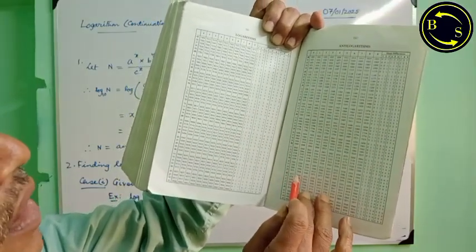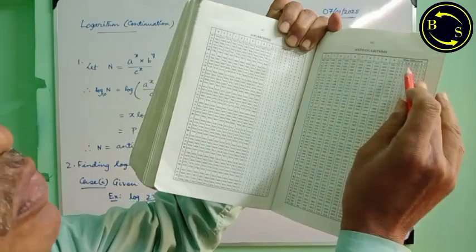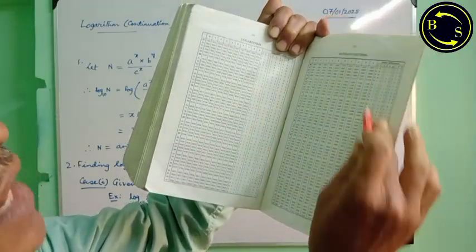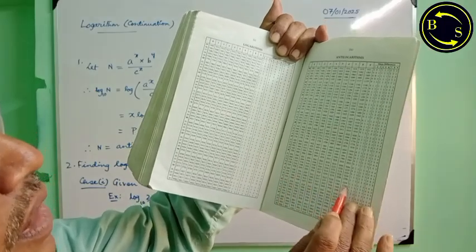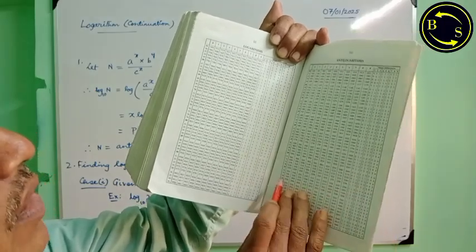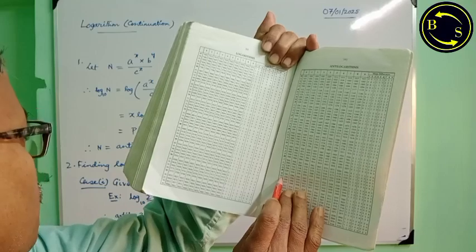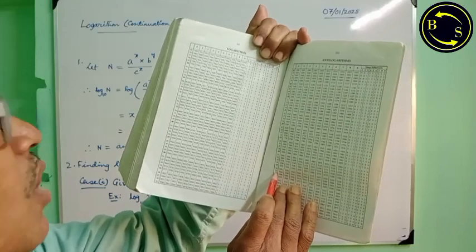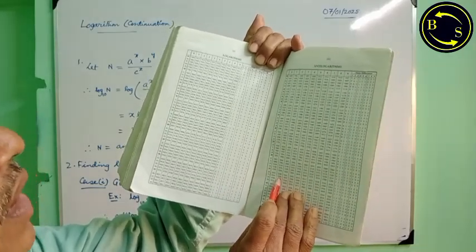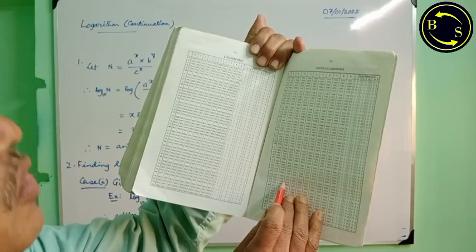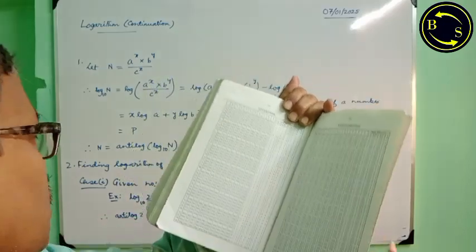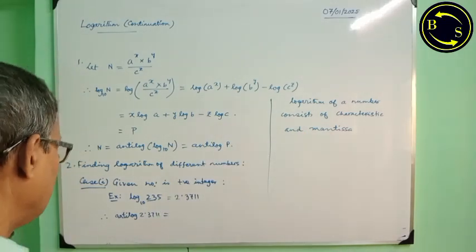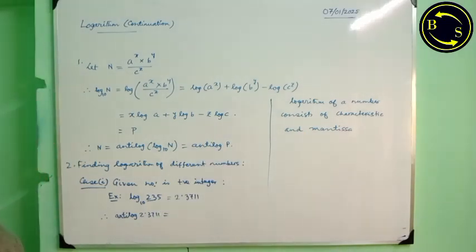Then there is also another one. For that we have to move to the mean difference, and for 1 we see there is another one. That means antilog of 2.3711 will be 2350 plus 1. That means 2351.